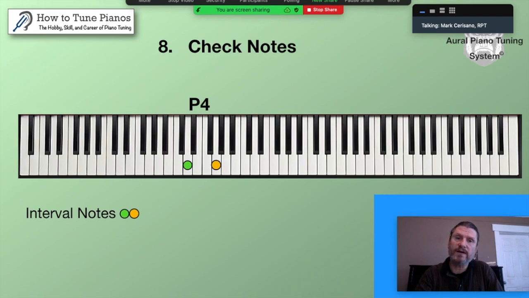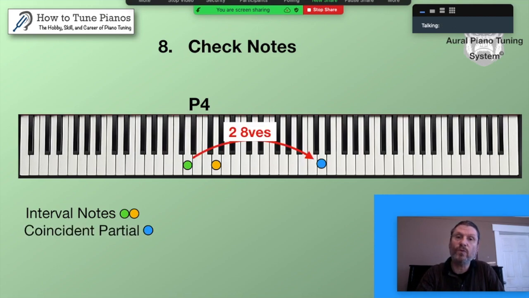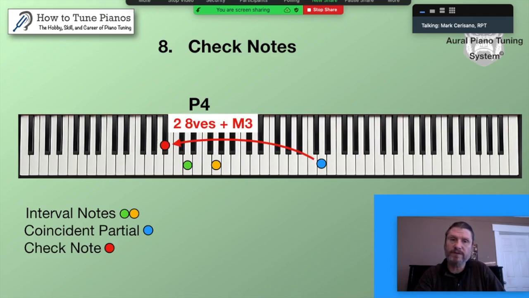And so we can show here on the piano the fourth with the coincident partial being 2 octaves above the bottom and the check note being 2 octaves and a major third below the coincident partial. So the check note will always be 2 octaves plus the major third below the coincident partial.